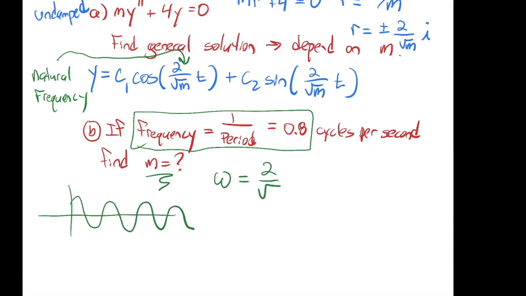And we know that the radial frequency is the equivalent of 2 pi f, or 2 pi over T, which is the period. Yeah, so we've got this term over here, and just so the terminology is okay, this is what we would call the angular velocity, or the angular frequency.